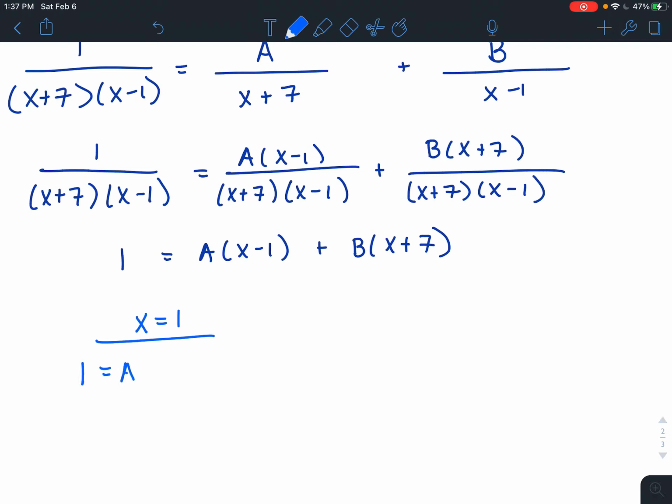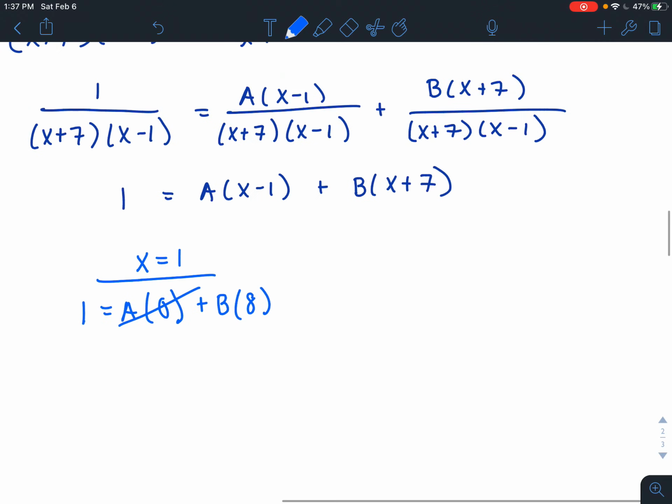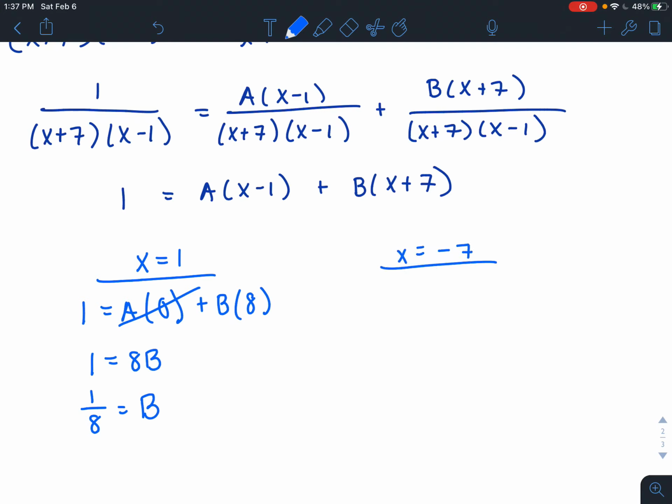When I do that, the 1 on the left-hand side stays 1. Then I have A times 1 minus 1, which is 0, which is why I did it, plus B times 1 plus 7, which is 8. Well, that term cancels out, so we get 1 is equal to 8B. So I get 1/8 is equal to B. And then if I wanted to cancel out the B term, I need to plug in -7.